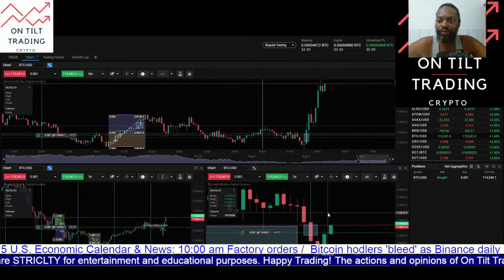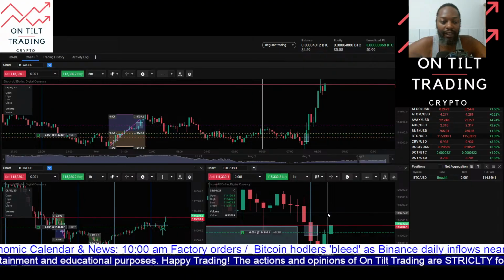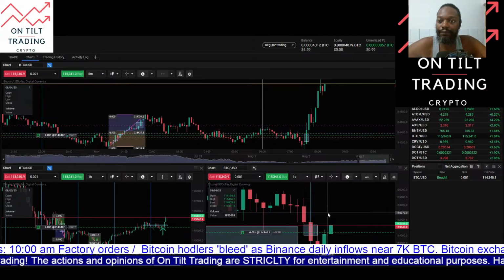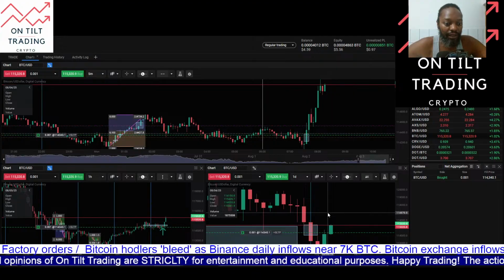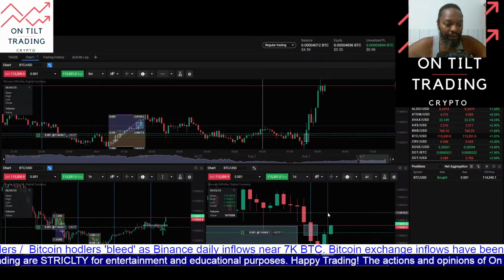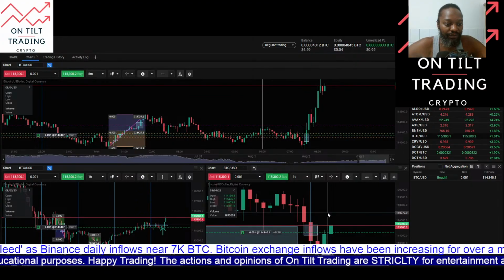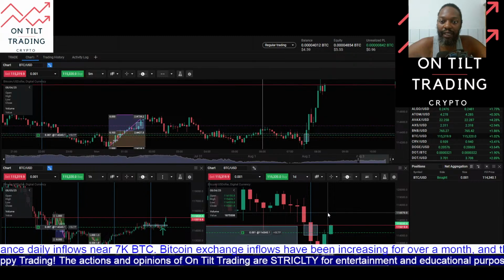So trying to implement the ICT silver bullet model, which is basically a more time-specific application of the 2022 ICT model.